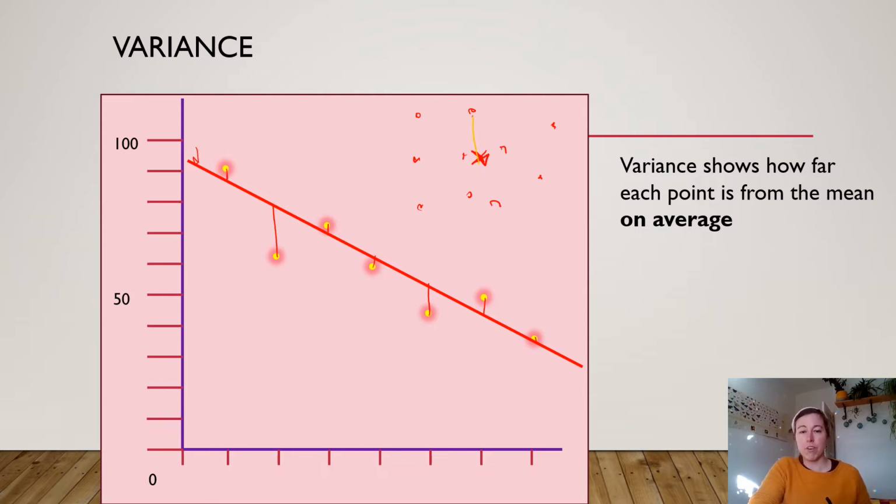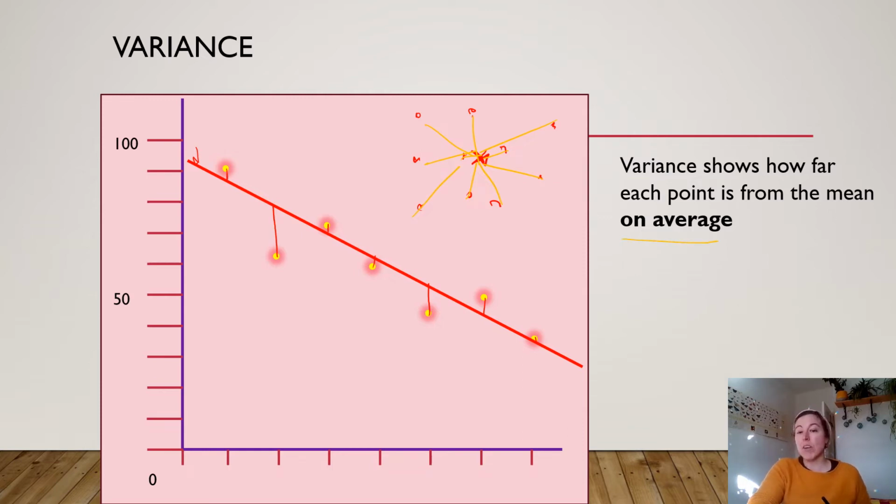And then we measure the distances to that average. Then we take the average of those distances. That's our variance.